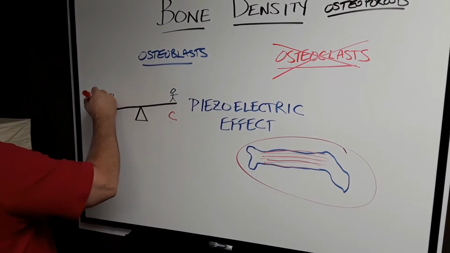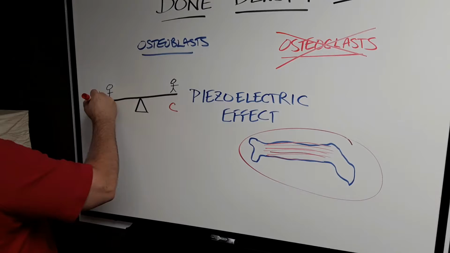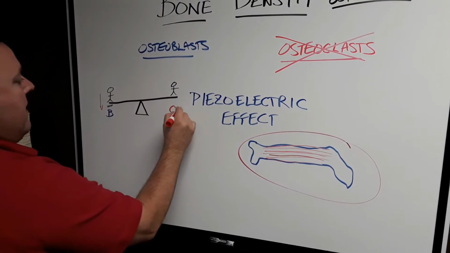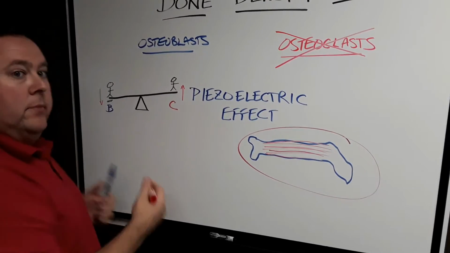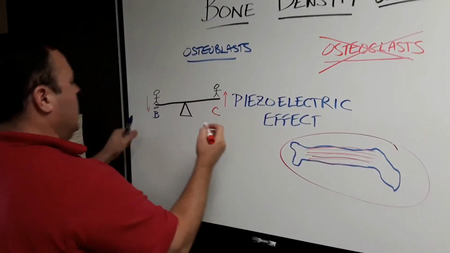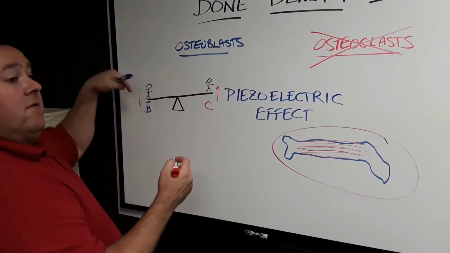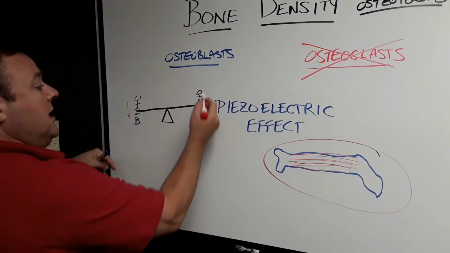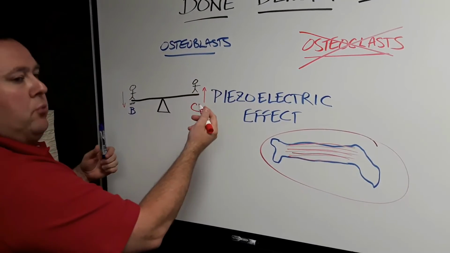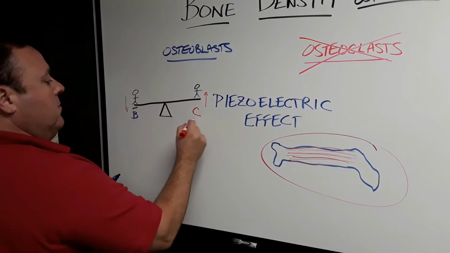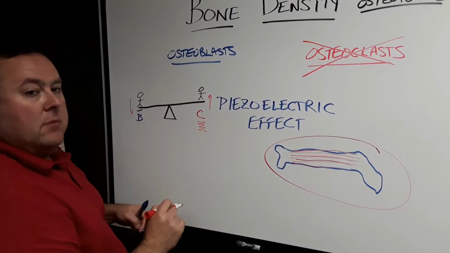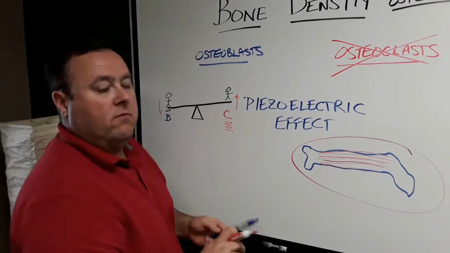This side puts more stimulation here, kind of pushing this down. And I know it's backwards, but that makes this side go up, which in backwards world, bizarro world, Dr. Brian world, when this side goes down, it means this activity is better or greater. This side goes up, it means there's more, let's say it's suppressing that. Less suppression over here, more suppression over here. So the side that breaks things down is not breaking them down as well. We get new bone formation.